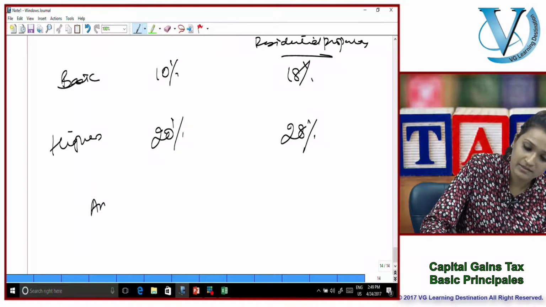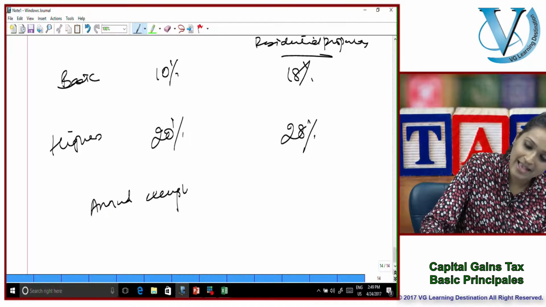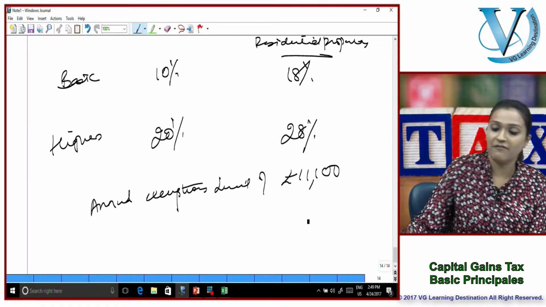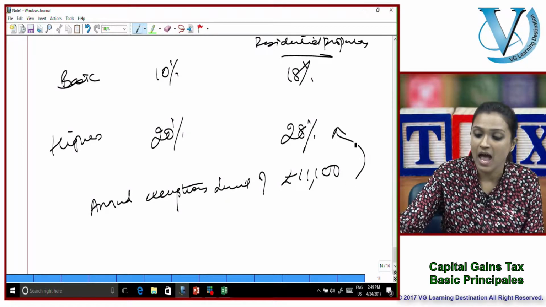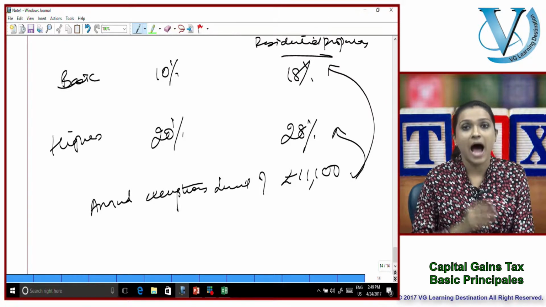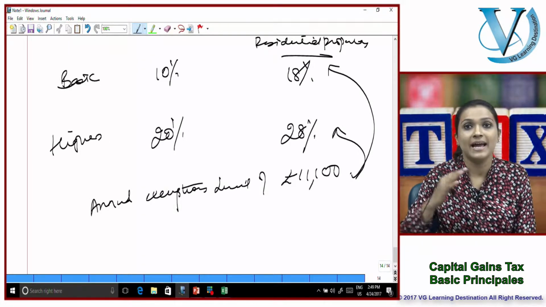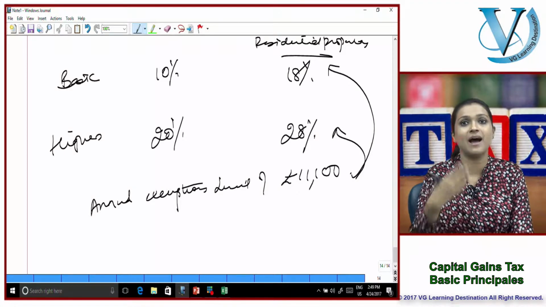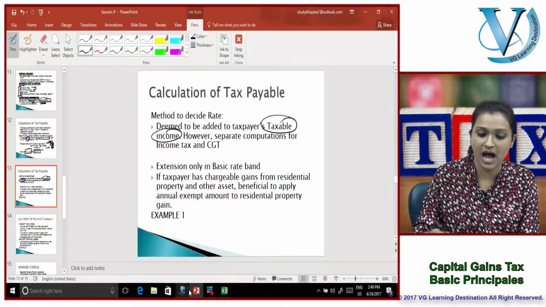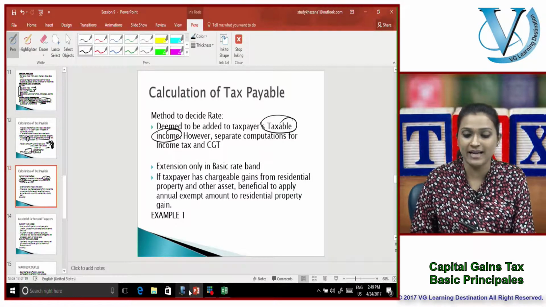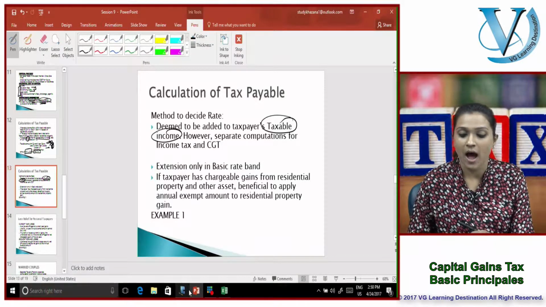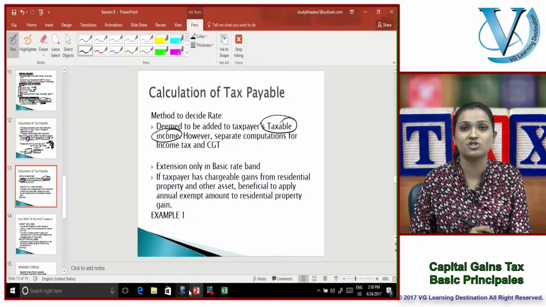The annual exemption limit of 11,100 definitely needs to be knocked off against the higher rate residential property gain first. Why? Because at least up to the level of 11,100 pounds, it reduces you paying the higher rates of 18 and 28% respectively. So if a taxpayer has chargeable gains from residential property and other assets, it is beneficial to apply the annual exempt amount to the residential property.